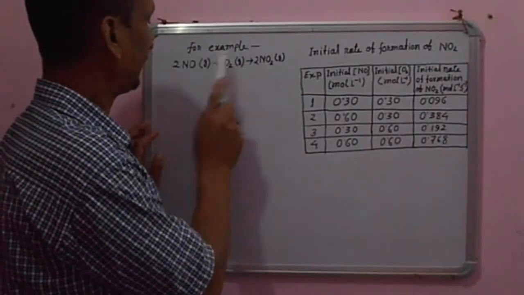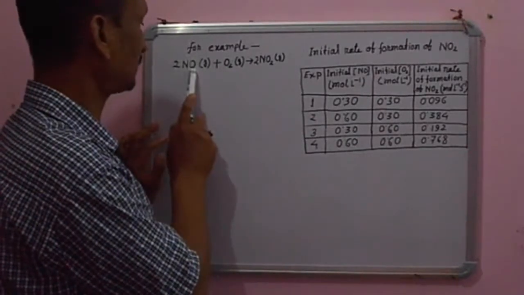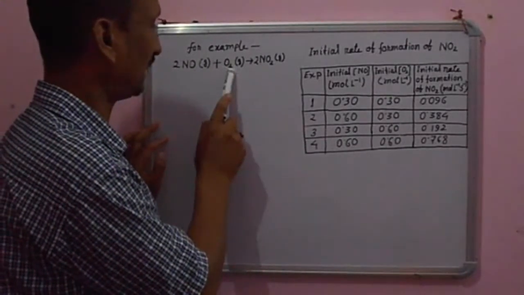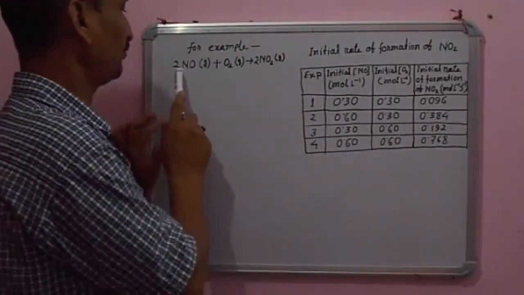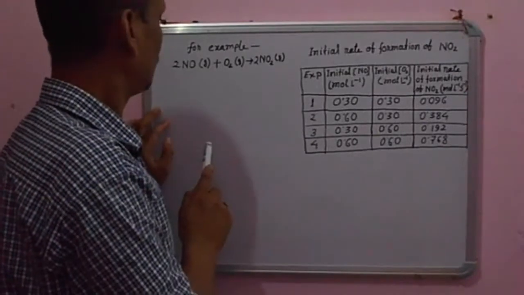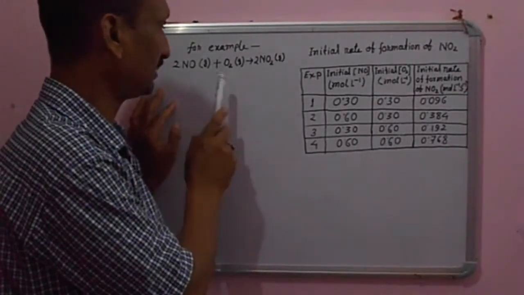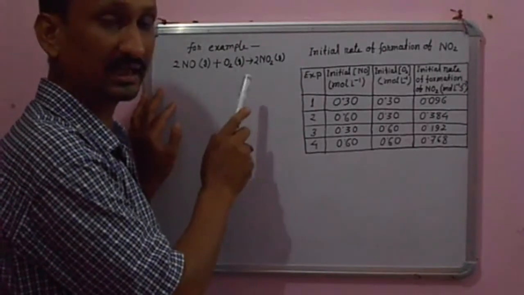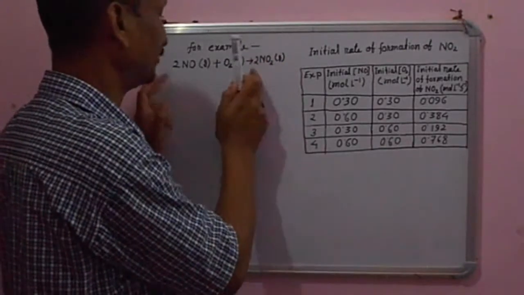Now we will take an example of a reaction, that is 2 moles of nitric oxide react with 1 mole of oxygen to give 2 moles of nitrogen dioxide. For this reaction we have to find out the rate law. Now you remember that rate law is determined from the experimental result analysis, not from the balanced chemical equation theoretically.